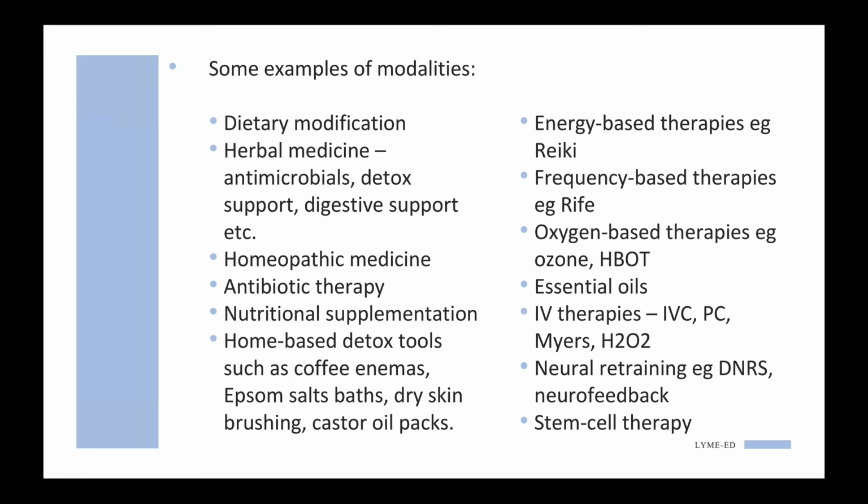Some of the modalities you want to consider may include dietary modification, herbal antimicrobials, detox support, digestive support, homeopathic medicine, antibiotic therapy, nutritional supplementation, home-based detox tools like coffee enemas, Epsom salts, dry skin brushing, castor oil packs, energy-based therapies such as Reiki, frequency-based therapies such as Rife, oxygen-based therapies like ozone or hyperbaric oxygen, essential oils, IV nutrition therapy, neural retraining, stem cell therapy. I mean, the list goes on. There are a host of different modalities that can be used.